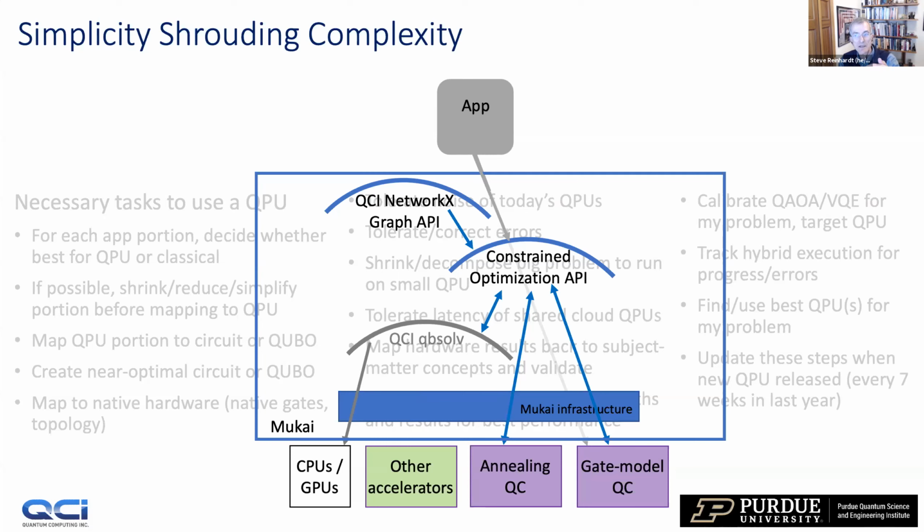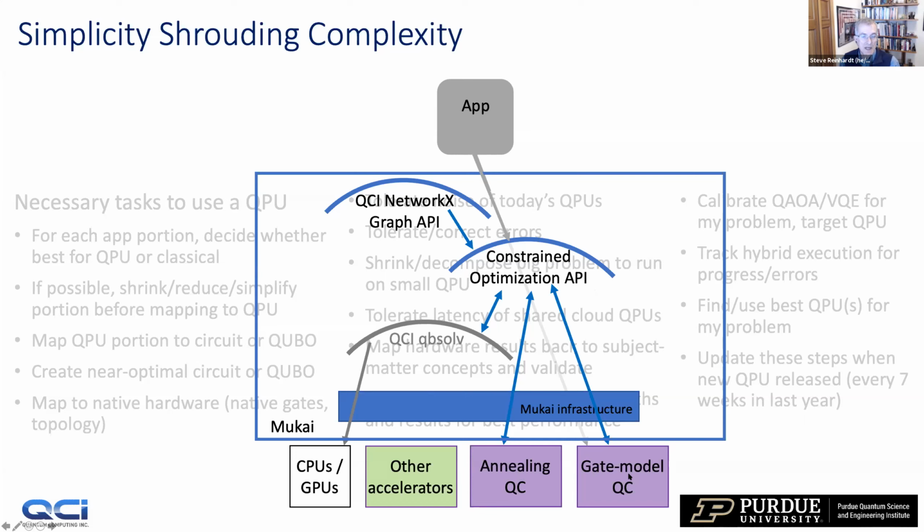The point is that underneath the covers, that's still constrained optimization, so it converts into the constrained optimization API and calls that. So it depends on the significant amount of work we've done under that API to solve those problems well on CPUs, on annealing QPUs, and on gate model QPUs.